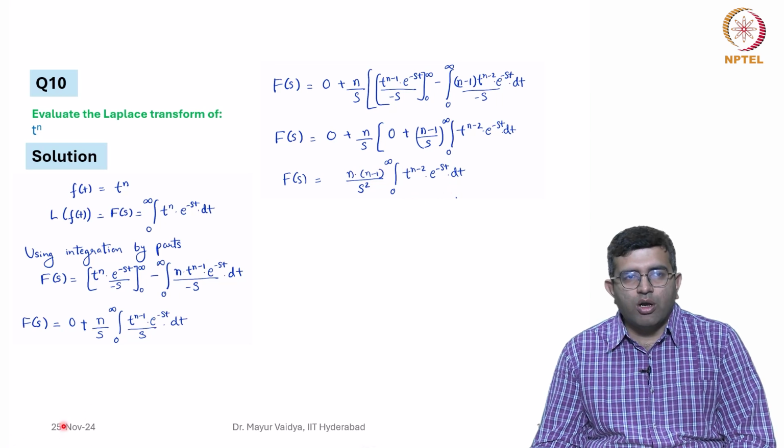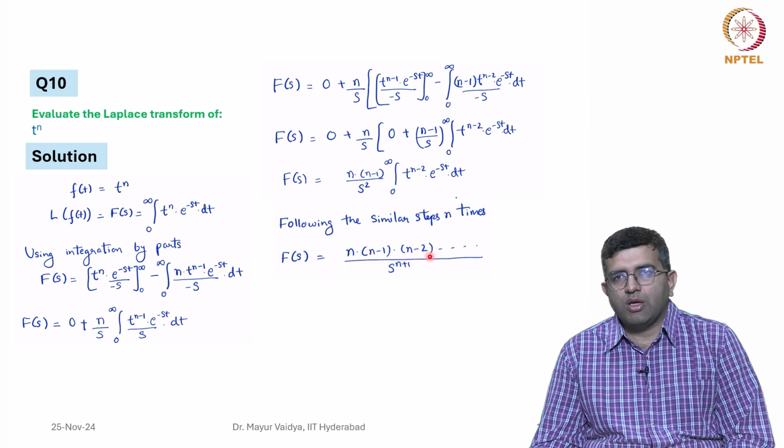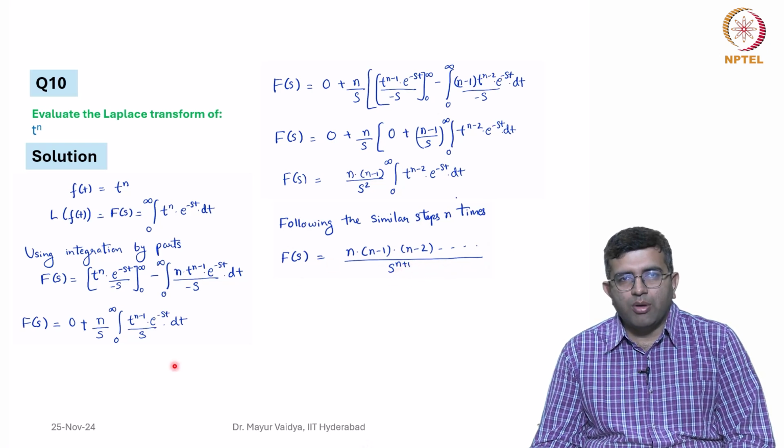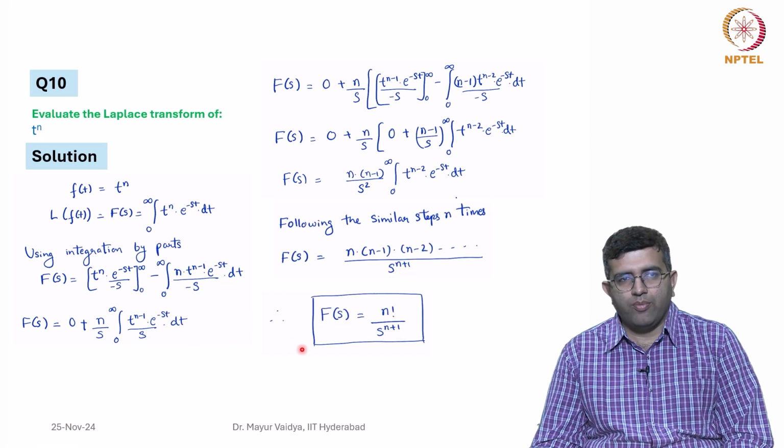Therefore, the solution is represented as n into n minus 1 into n minus 2 and so on until 1, divided by s into s to the power n plus 1, and the above quantity is nothing but n factorial divided by s power n plus 1.